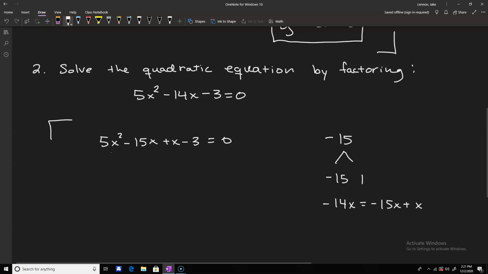And we want to pair these into two groups: the 5x squared minus 15x, and then the x minus 3. And we want to take out the greatest common factor from each pair. So from the 5x squared minus 15x, we can pull out a 5x. And then what would we be left with on the inside? We'd be left with just x, because 5x times x makes 5x squared, and then minus 3 because 5x times -3 makes -15x.